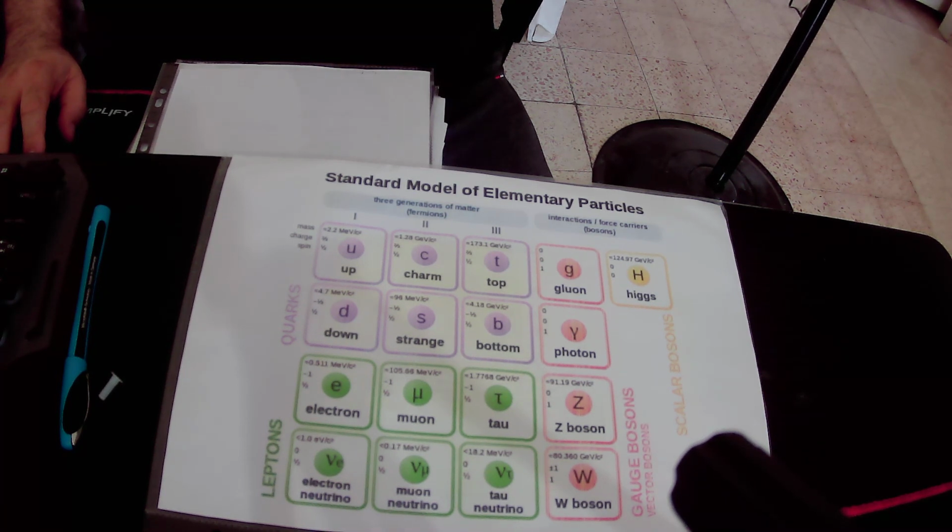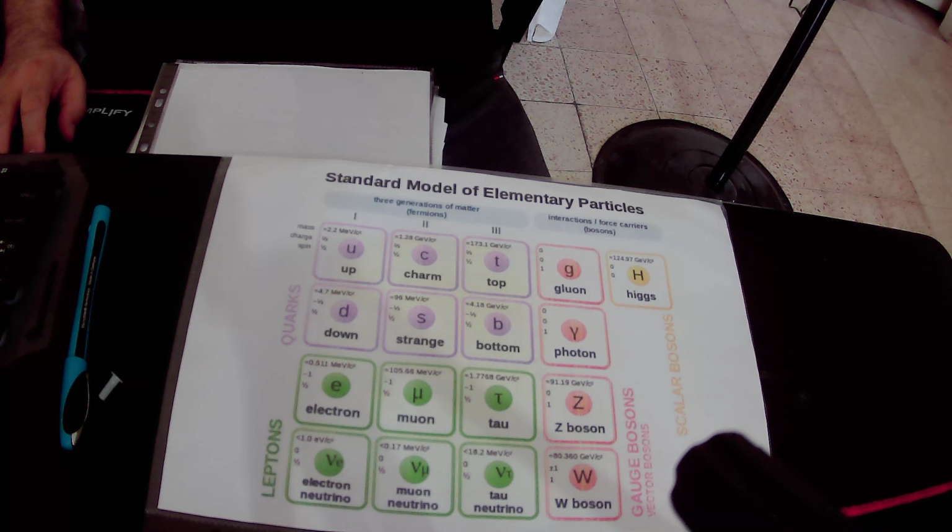Okay, and actually in the atom itself we have electrons that orbit around the center of the atom, and in the center of the atom we have the nucleus that consists of protons and neutrons, and the number of protons in the nucleus determines which chemical element it is.